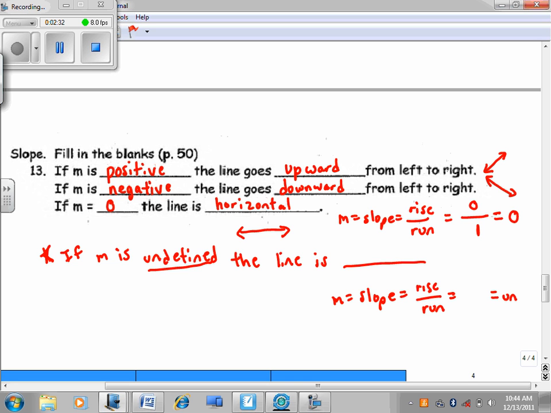When would we have undefined? We would have undefined if our run was 0. Doesn't matter what's on top, you cannot divide by 0. So if your run is 0, you're not going anywhere from left to right. So your line is doing this. Not going anywhere from left to right. Doesn't change at all in this direction. It only changes in this direction. So that is a vertical line.